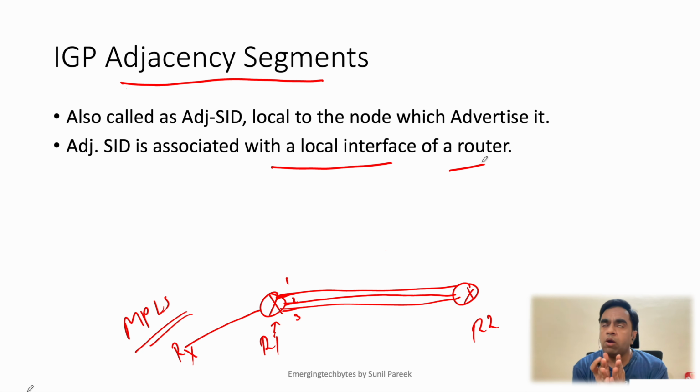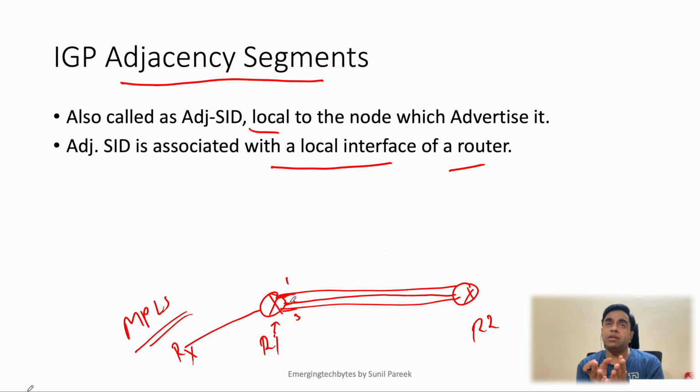One question that I often get is, Sunil, why in the first place are they made local? I do understand that interfaces 1, 2, 3 are local to R1, but why does the SID value have to be local to R1? That value can be globally unique as well.